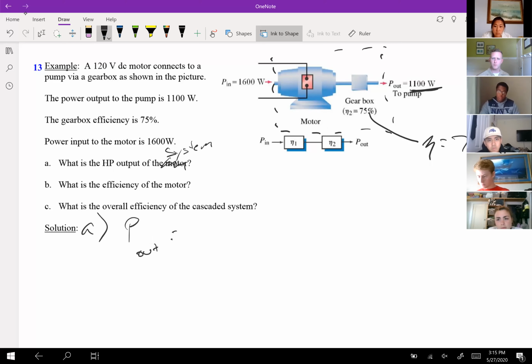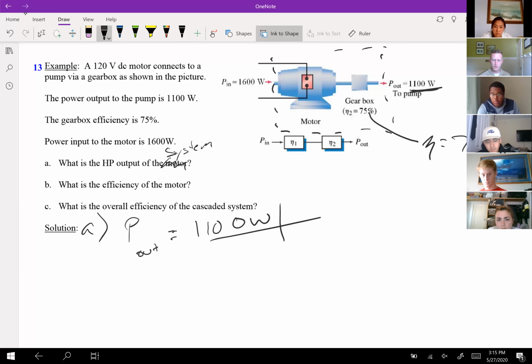If I had an electric motor that needed to actually spin something, think of a power drill, right? I have electric power coming out of my wall, going into my motor, and then the output power that I need to use. So you have an input coming into the motor and an output coming out of the electric drill that's going to actually turn a screw. Right, so this P out is not going to actually help us solve anything.